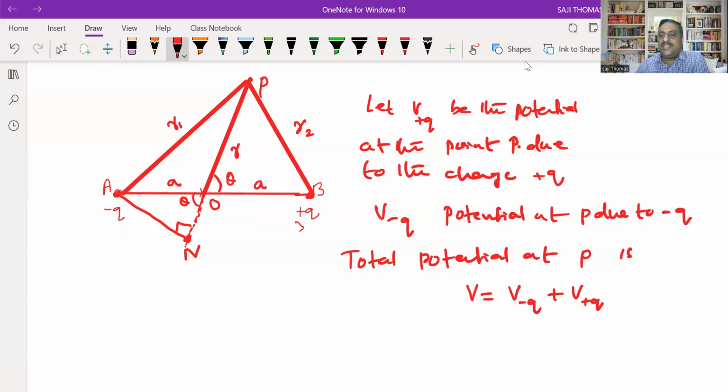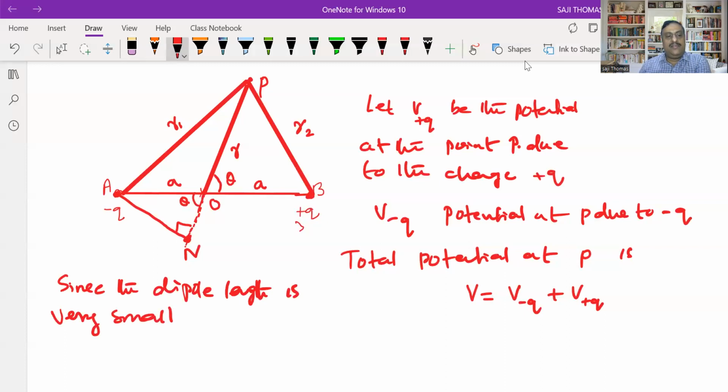Since the dipole length is very small, we can assume that AP is nearly equal to NP.